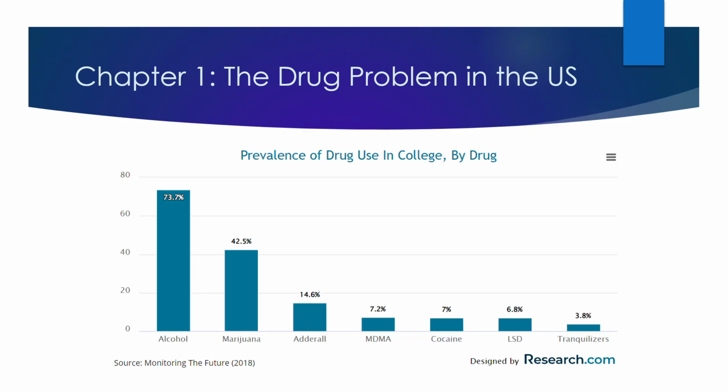Well, this video is getting a little bit long, so let's wrap it up. You see here that for college, this is just focusing on college students. I think it's fortunate that this graph has included alcohol, because you can see that alcohol is by far, no big surprises here, the most common. This just confirms common sense: about 74% of college students have consumed alcohol, I believe in the past year, at least once.